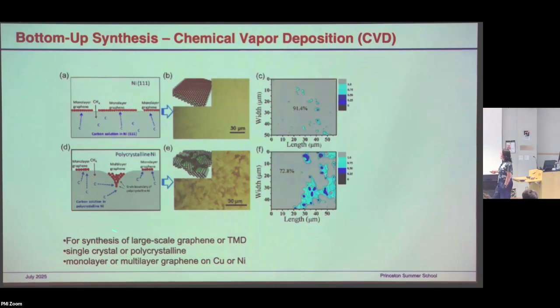There's a huge field of study here. By controlling the conditions, you can control, for example, the domain size and how the layers form. It depends, for example, on the starting substrate.